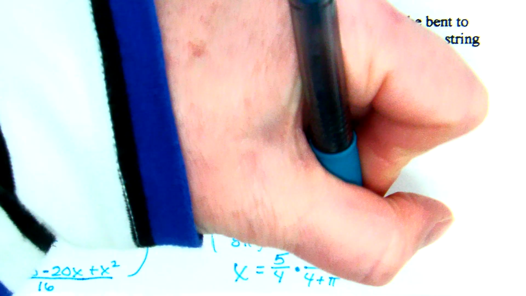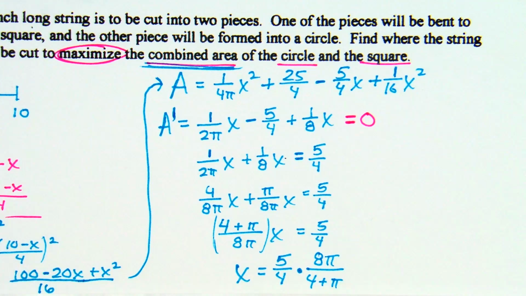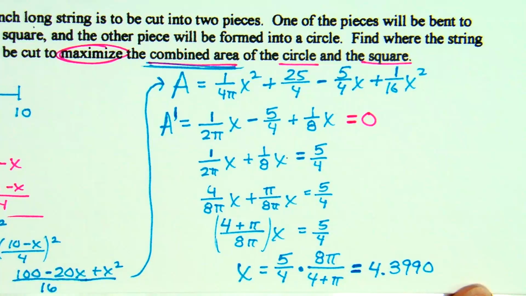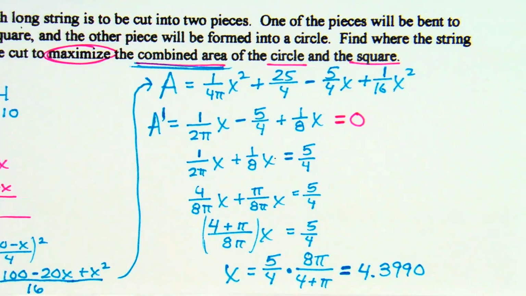That's not going to clean up a whole lot, is it? I went a decimal route here, just because it gets kind of ugly. What I have is 4.3990. What is that 4.3990?